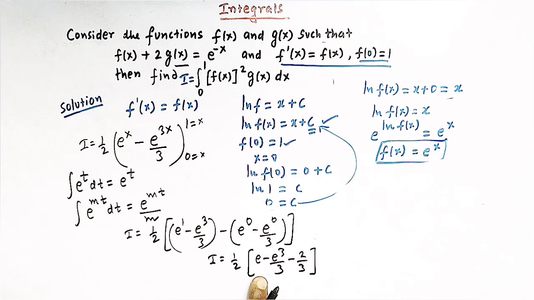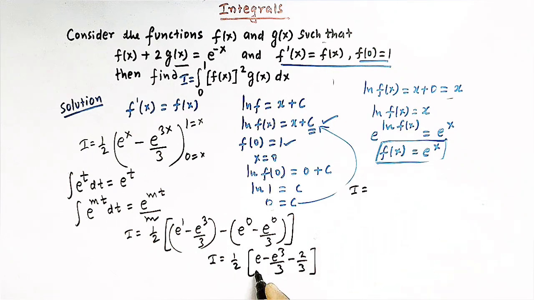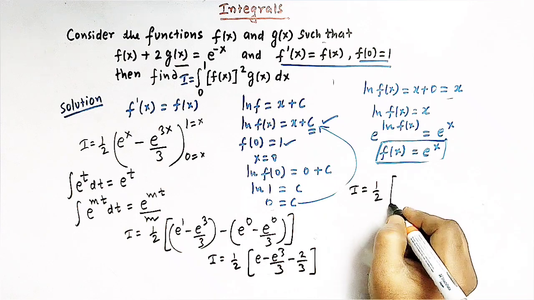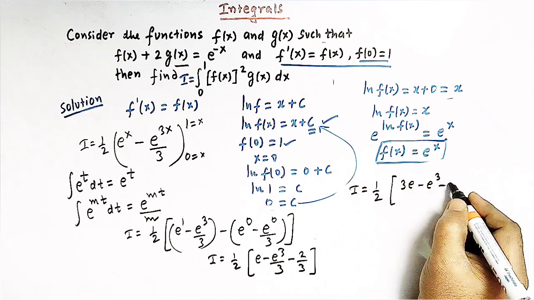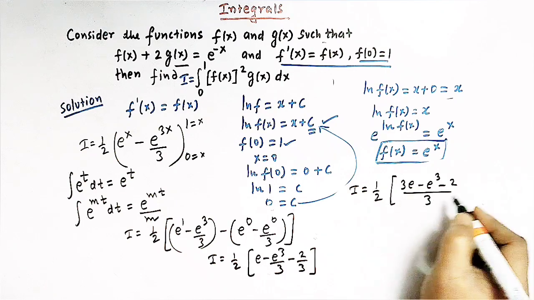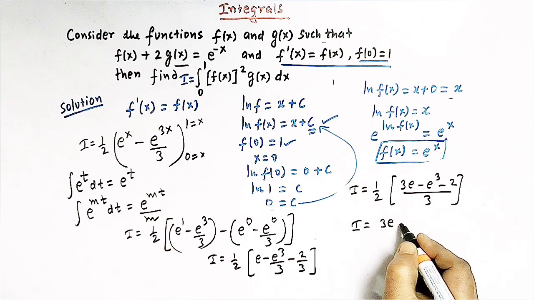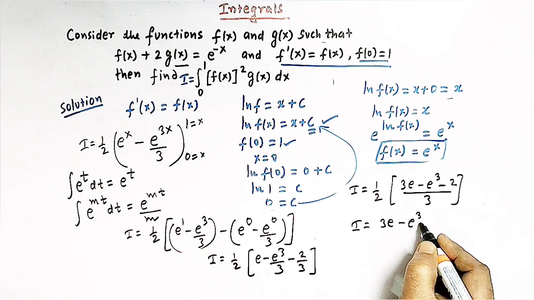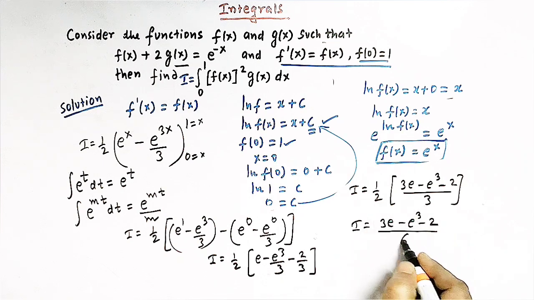So let us simplify this expression. We have I equals half times (3e minus e^3 minus 2)/3. So we can write I equals (3e minus e^3 minus 2)/6, since 2 times 3 is 6.